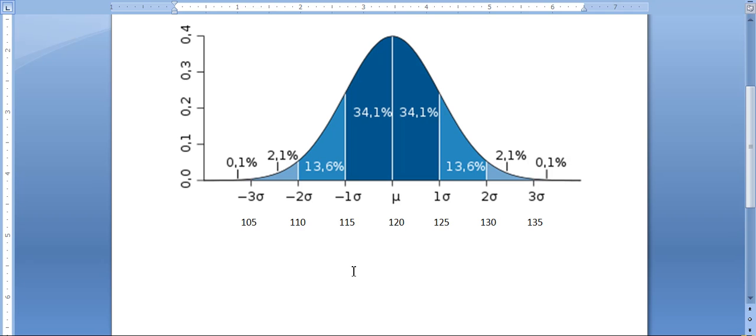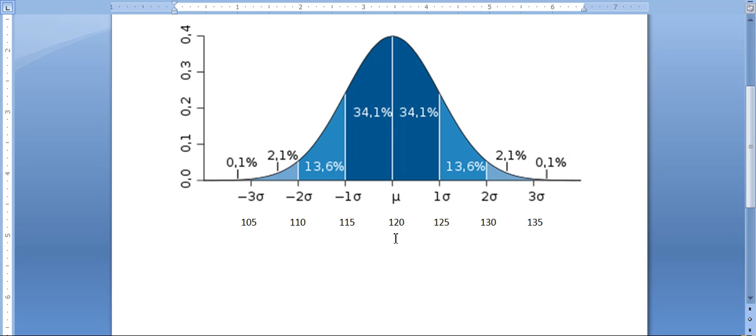For example, we could ask what percent of scores are to the left of 115, or less than 115. So we would add up the 13.6, the 2.1, and the 0.1. So it'll give us roughly about 15.8%. So 15.8% of all the scores in this distribution would be less than 115.